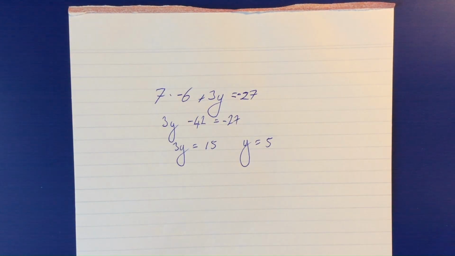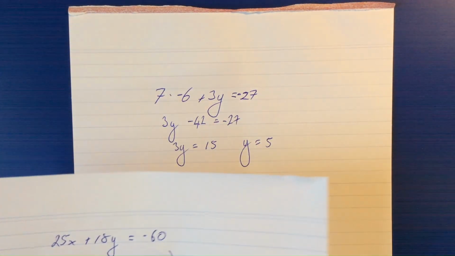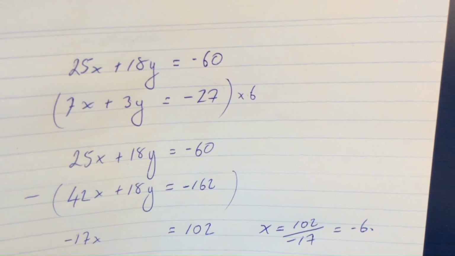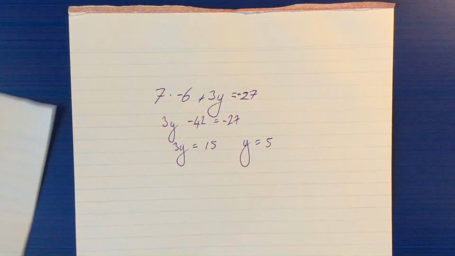Now, we already have, where are we? Just get that into focus. We already have x equaling negative 6. So we'll just pop that there, x equals negative 6.